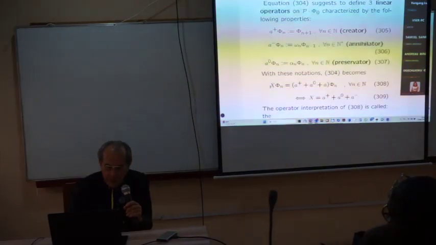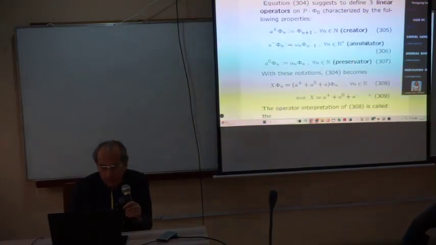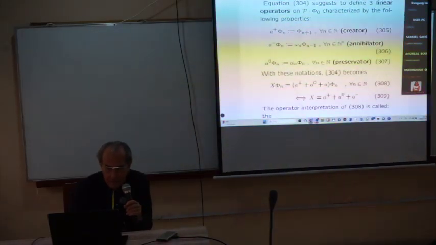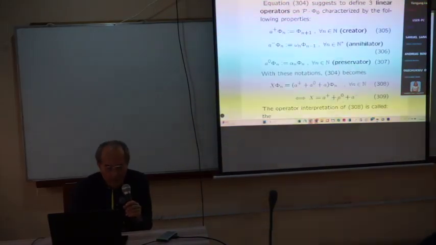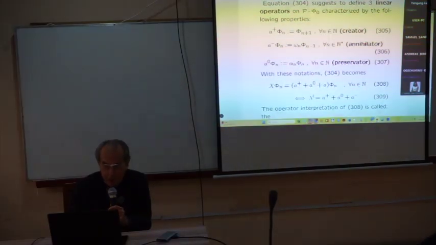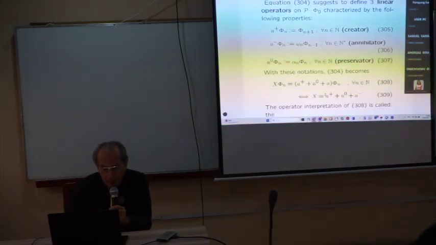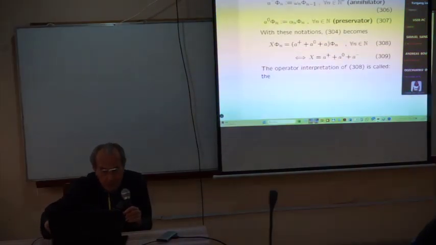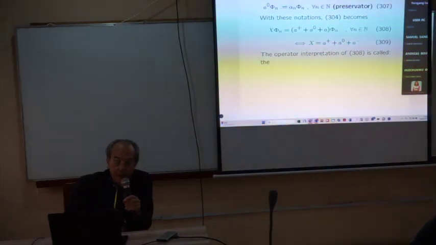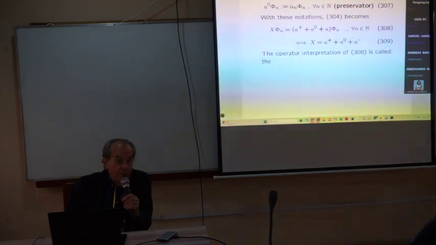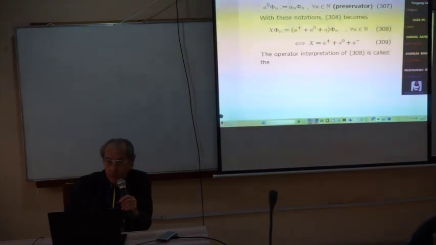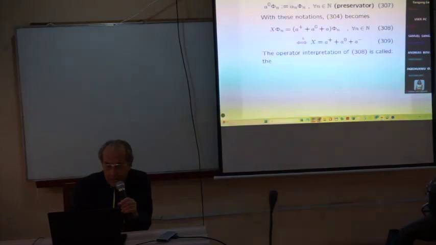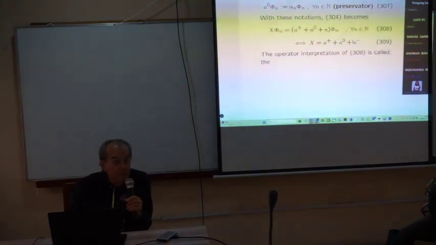So to say that these vectors are equal for all n is exactly the same as saying that the two operators are equal: the operator of multiplication by x is equal to the sum of three operators. And this is the fundamental new idea of probabilistic quantization. So you have to keep in mind that x is the sum of three objects.